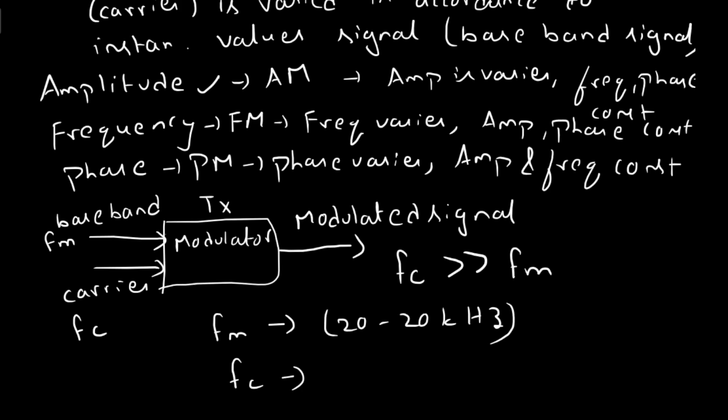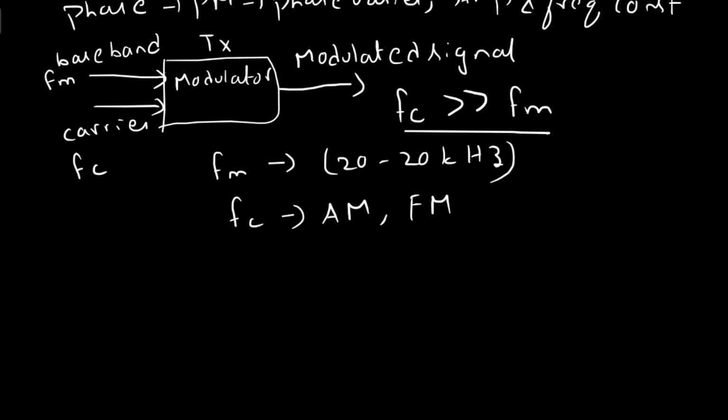It is different for AM, and it is different for frequency modulation. Depending upon the modulation, FC is varied, but the condition is FC is much greater than FM. Okay, so let's go to types of modulation.